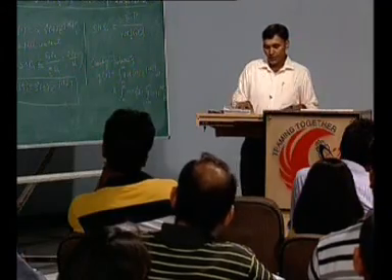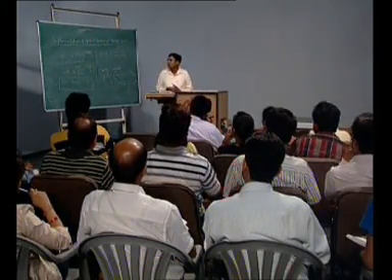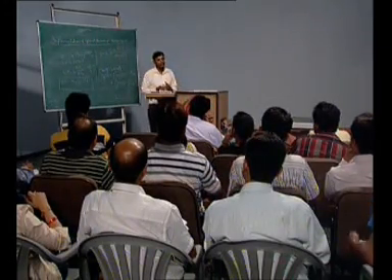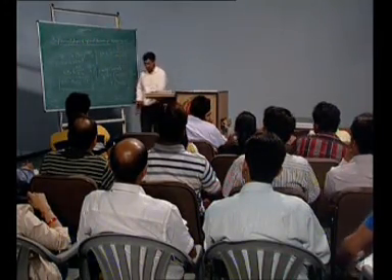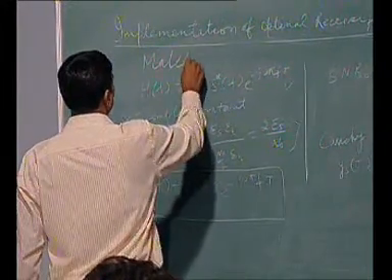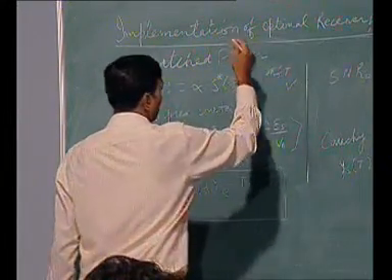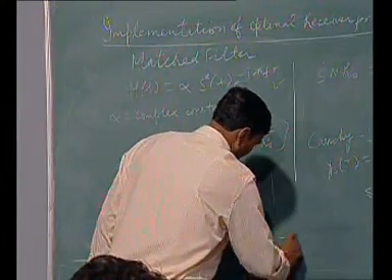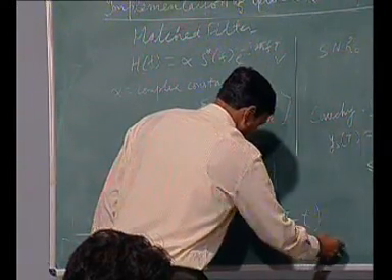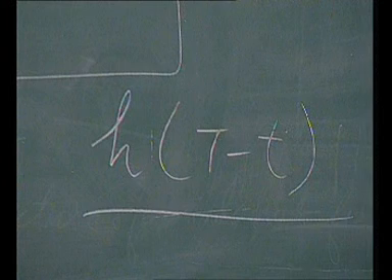So, if we look at it, we discussed here the implementation of the optimal receiver for the AWGN channel with the help of the matched filter, which has impulse response h(t) equal to s(T minus t).